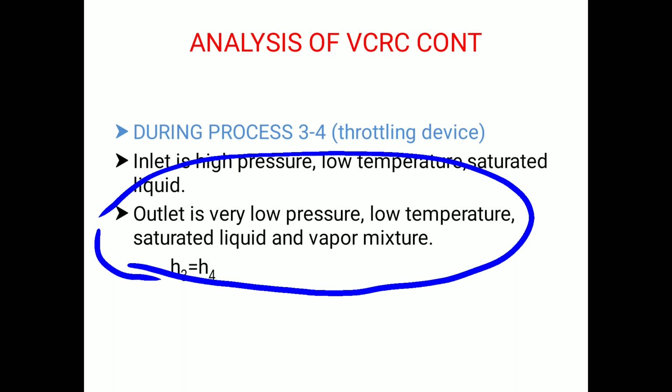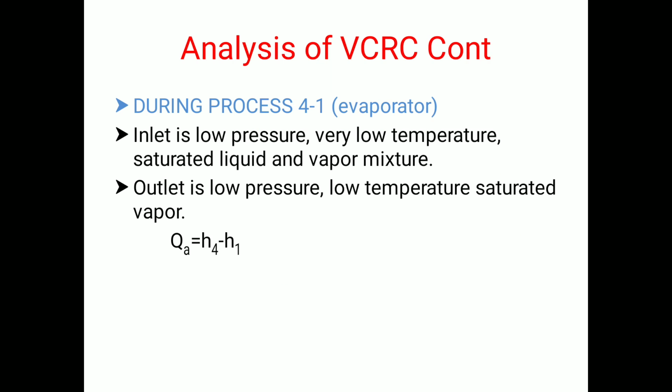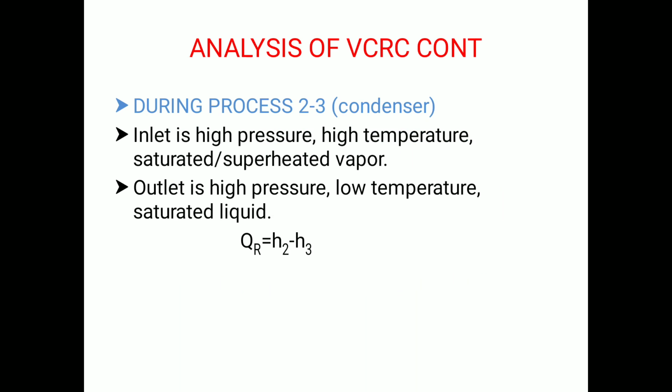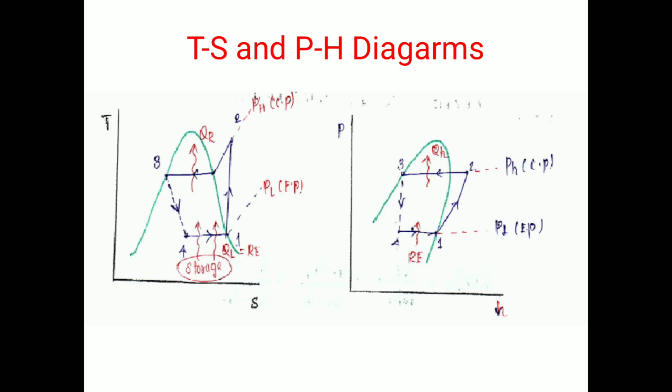So this outlet condition of the throttling process is input to the evaporator. If you observe point 4 on the TS diagram, this is the inlet to the evaporator, and this point is at low pressure, very low temperature, and it will be in the wet domain, which is a mixture of liquid and vapor.